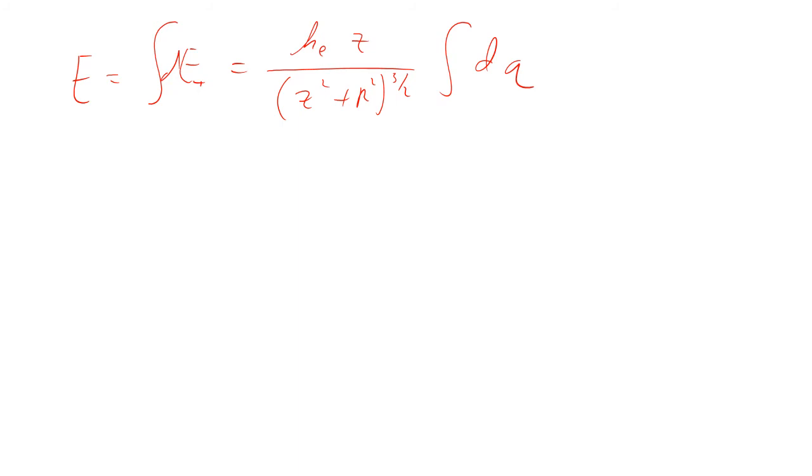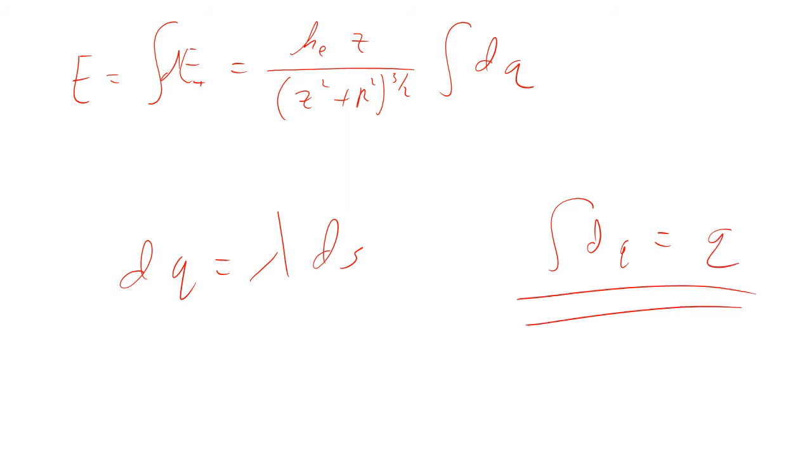Well, you don't even have to worry about how you do dq, where dq is lambda ds and do the integral stuff. What's the integral of dq? It's q. You just know the integral of dq is q. I call this integration by avoidance.